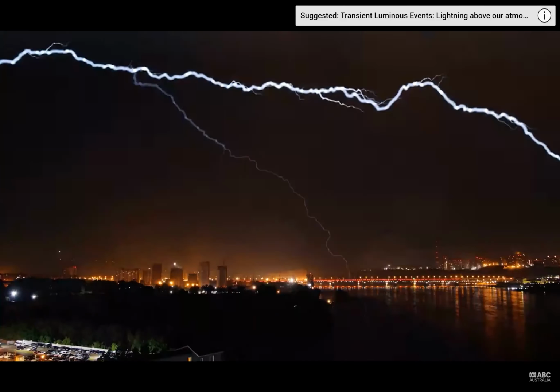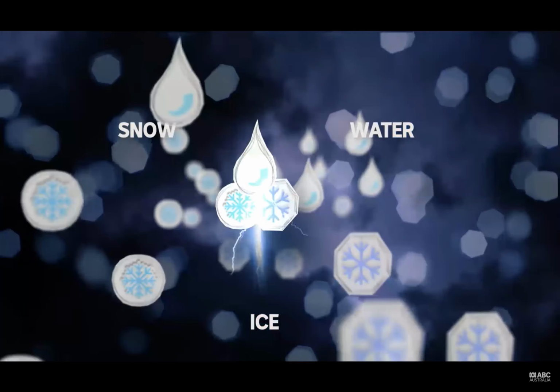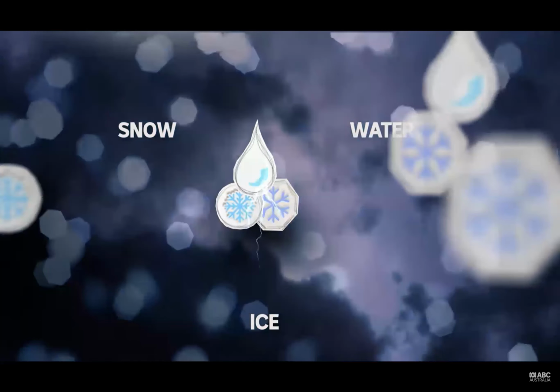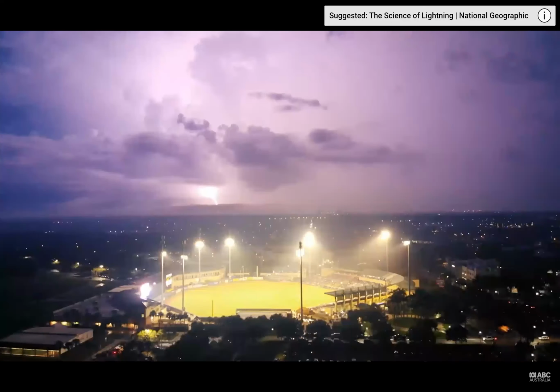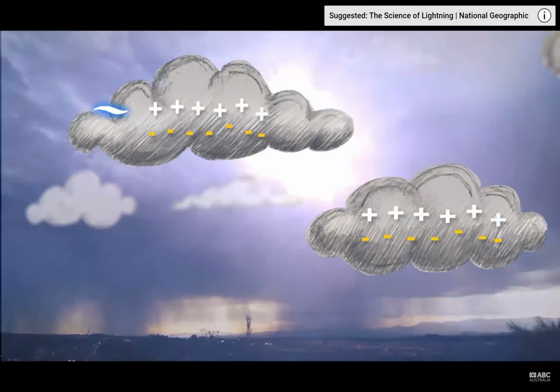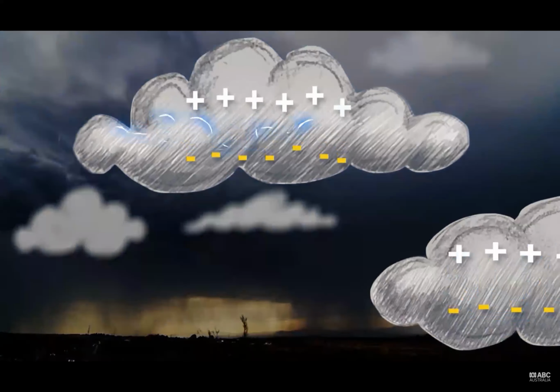Lightning is caused by electrical charges in clouds. These electrical charges are created when ice, snow, and water droplets in thunderstorms collide at high speed. All of those collisions build up static electricity in the cloud, and the charges can be huge. If they separate, the lower part of the cloud becomes negatively charged, while the upper part of the cloud can be positively charged.